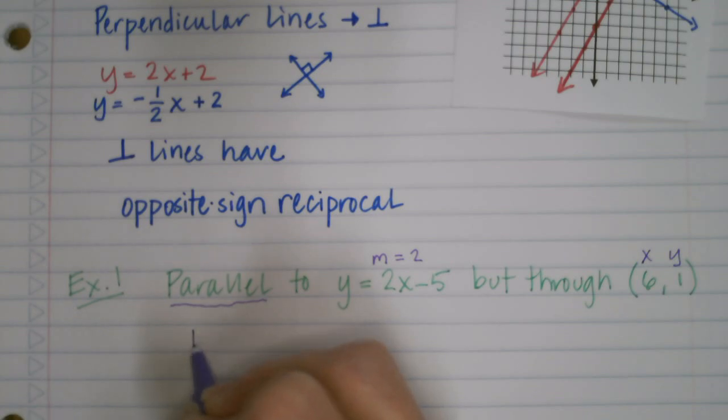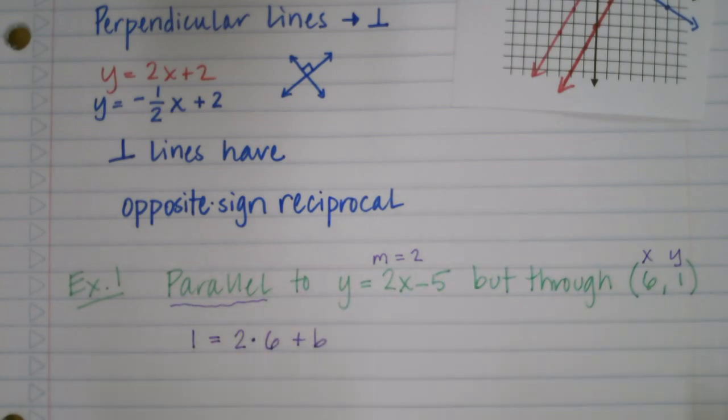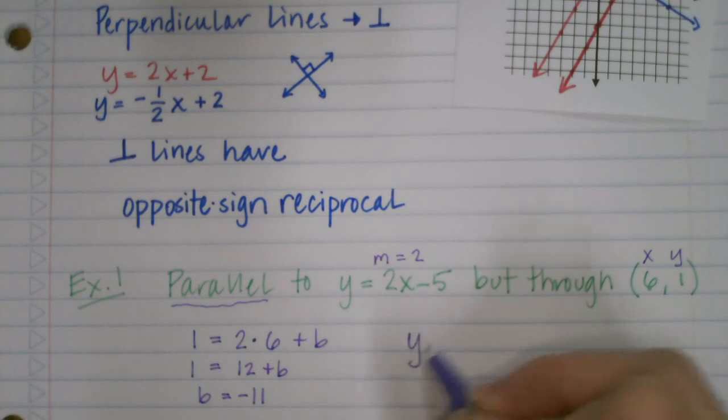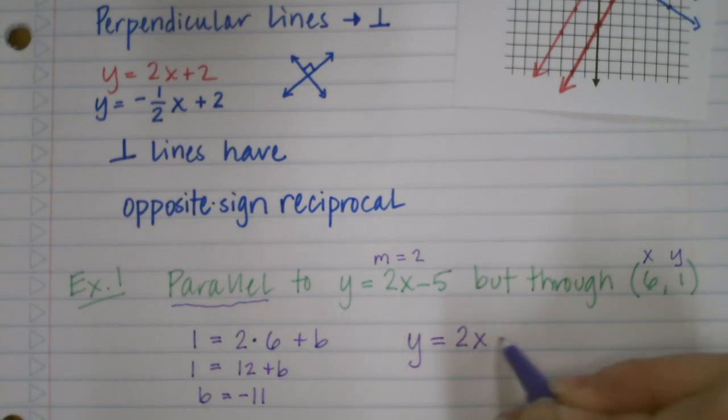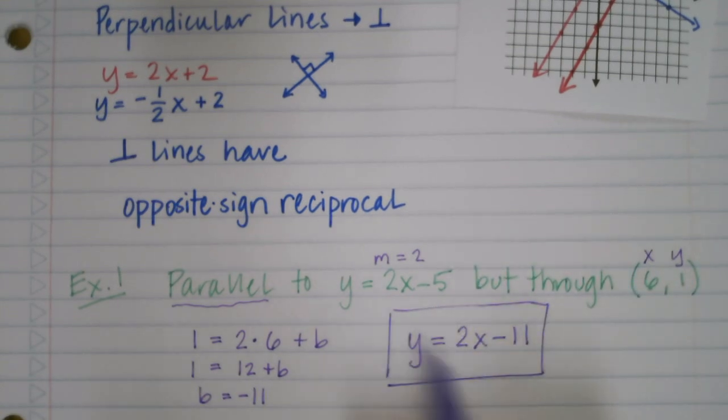For y equals mx plus b, that would be 1 equals 12 plus b, so b is negative 11. So the line parallel to this one, but through that point, would be y equals 2x minus 11. So this line is parallel to this line. Slopes are the same, but it goes through that point.